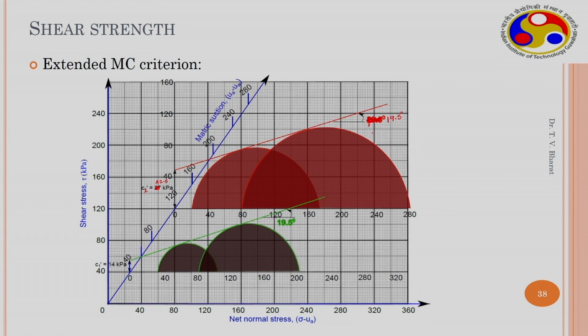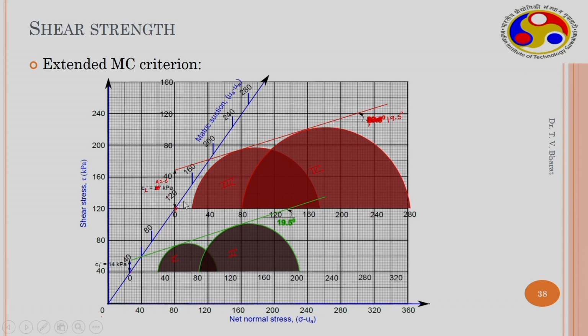Sometimes measurement errors would be there while plotting. Here this is test data 1, 2, 3 and 4. If you observe, this is the matrix suction axis. This is at a value of 40 kilopascal, so this is 40 and this is 80, 120, 160. Here again at 120, that is another matrix suction value where the tests were conducted.